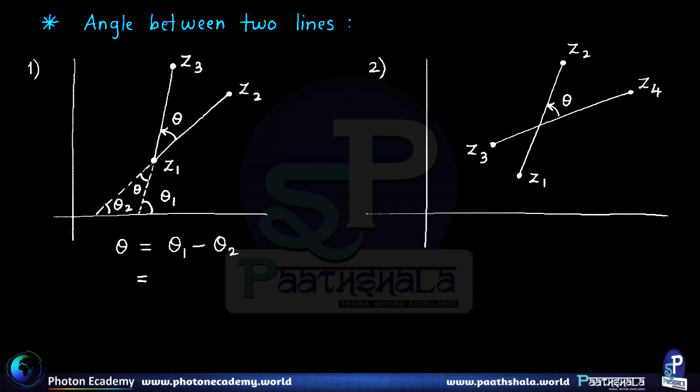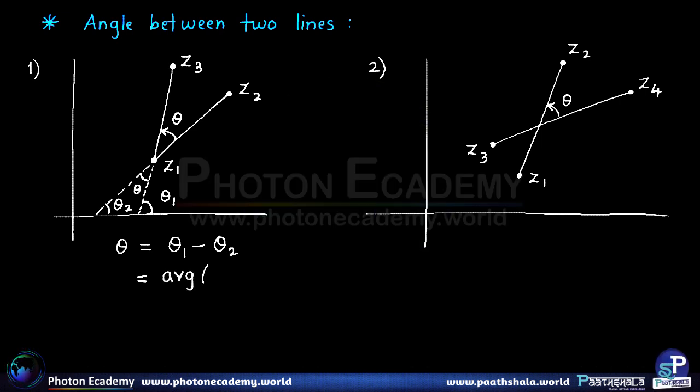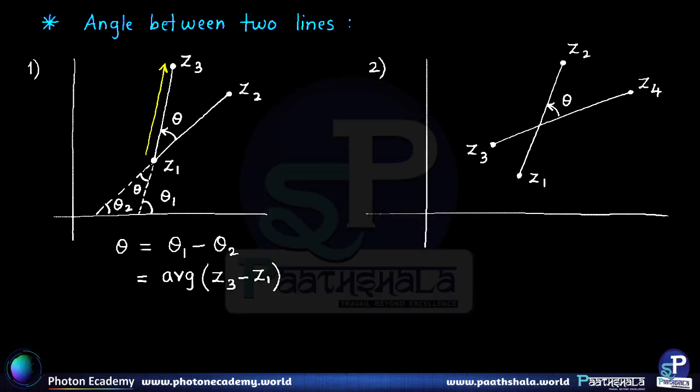Now theta 1 is nothing but the argument of the segment z3 z1. So therefore it is nothing but the argument of z3 minus z1. Okay? Because if you look at this particular segment as a vector starting with z1 and z3, that will be written as z3 minus z1.